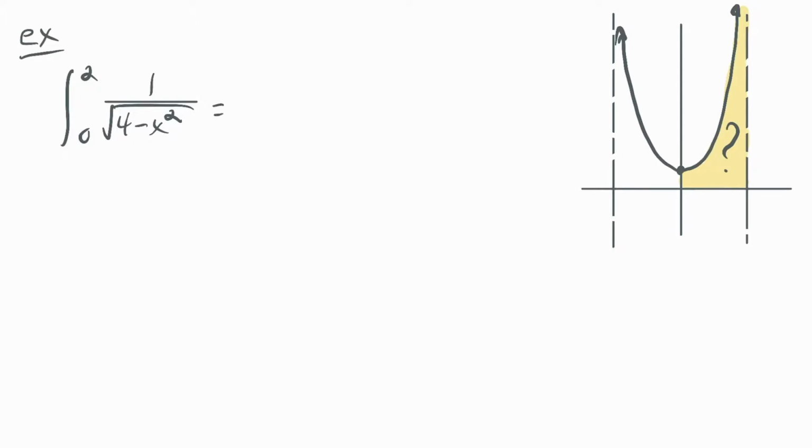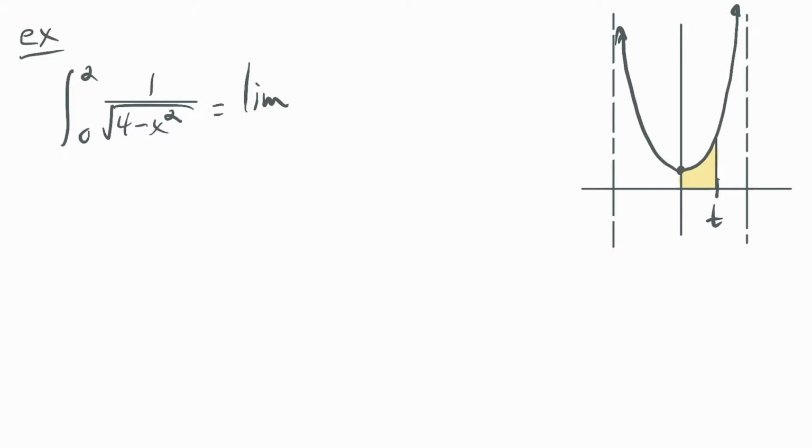So the limit, say as, I don't know, I'll use t in this case. So t is somewhere here, and t is going to approach the asymptote. So we're going to be finding this area right here from 0 to t, and then we'll do the limit afterward to see if we get something that way.